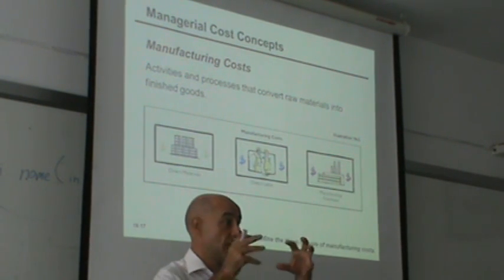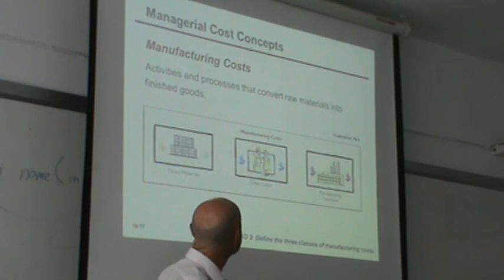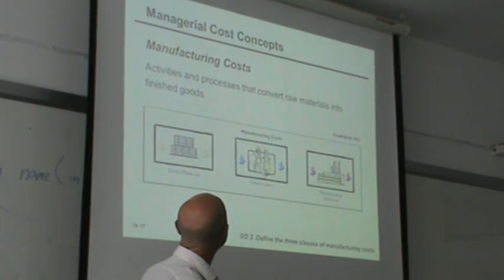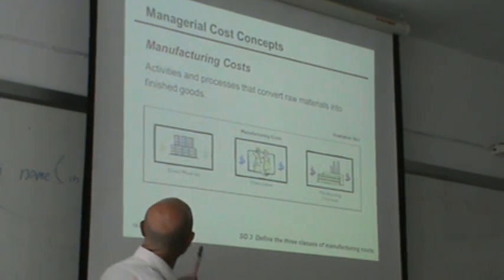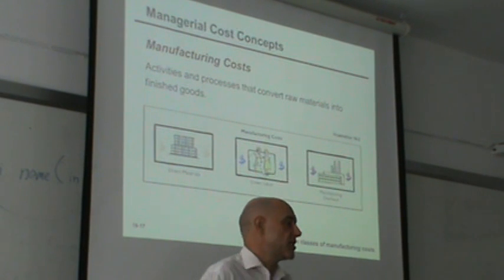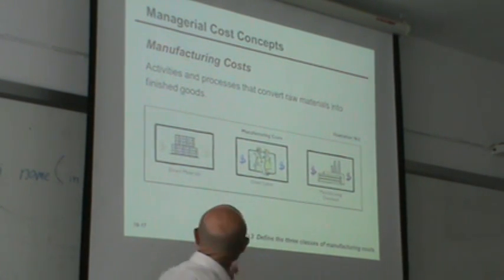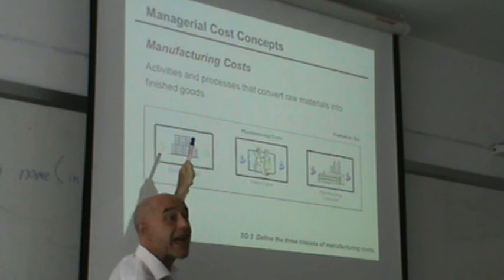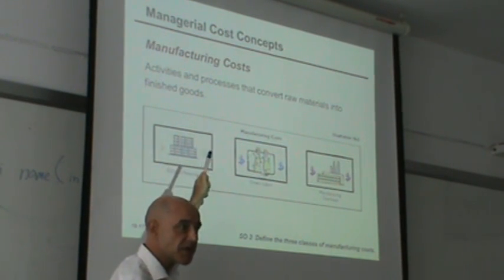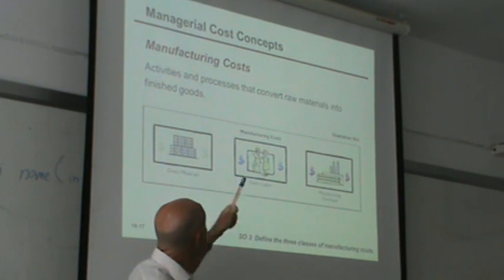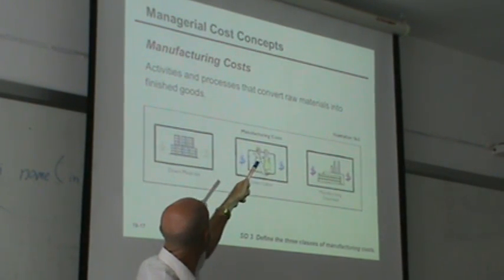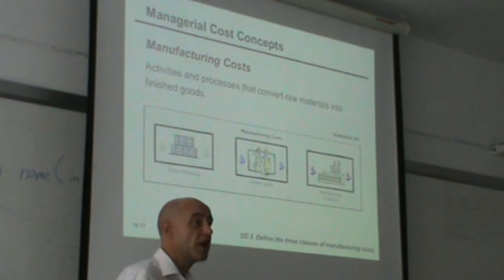And at the center of cost accounting are manufacturing costs, okay? And we first say, what is manufacturing? So you understand, it's very simple, very easy. These are activities and processes. In other words, things you do to convert raw materials into finished goods.